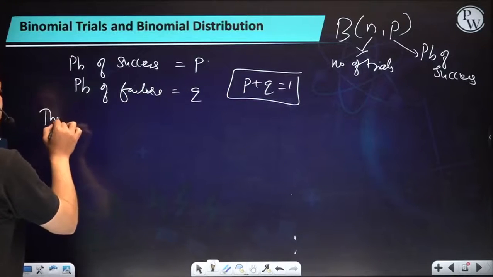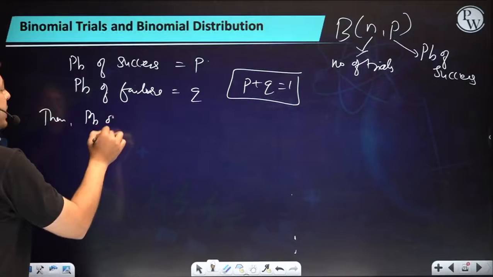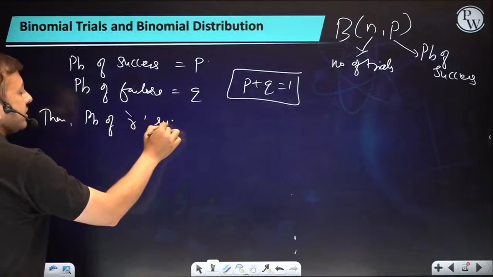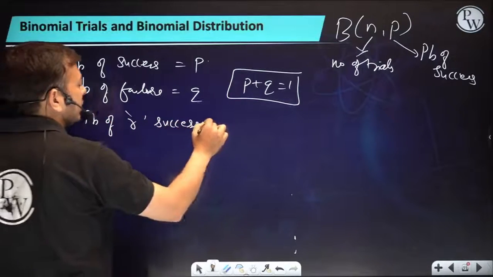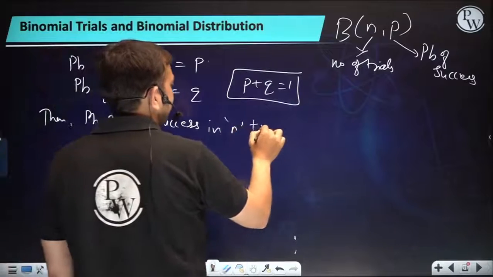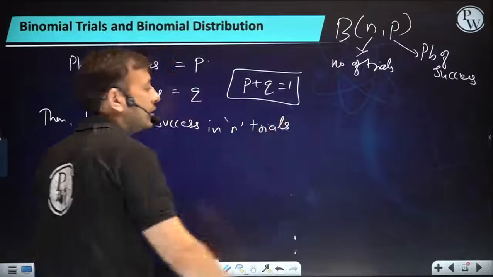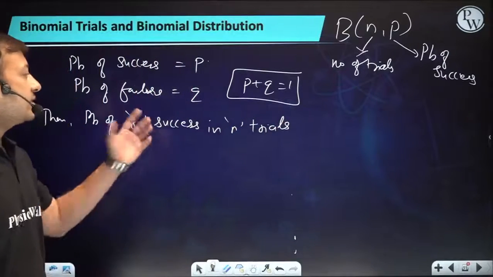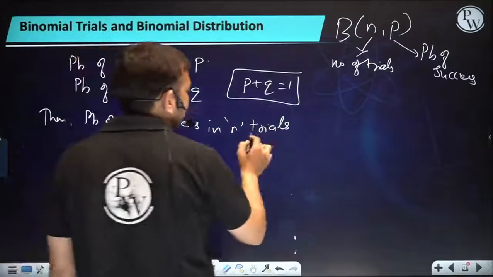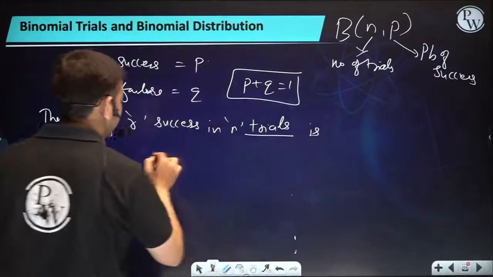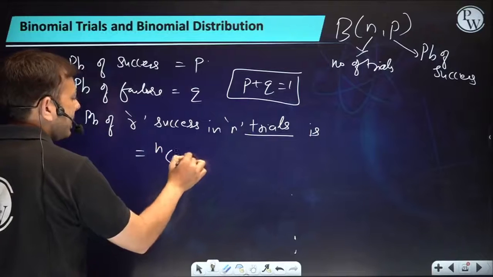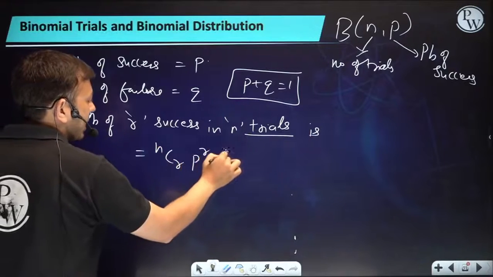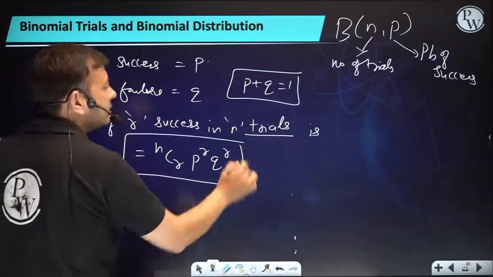Then probability of r successes in n trials is equals to nCr p to the power r q to the power n minus r.